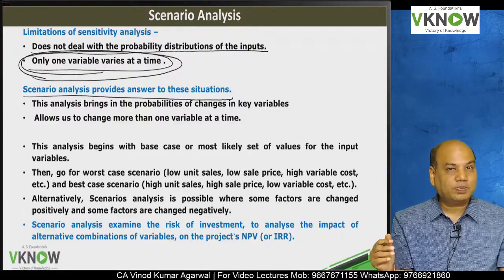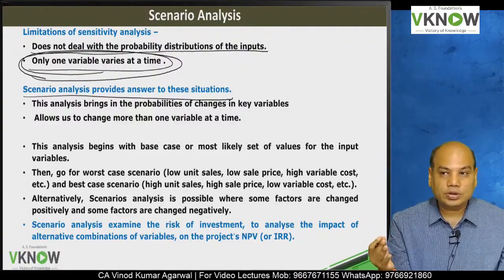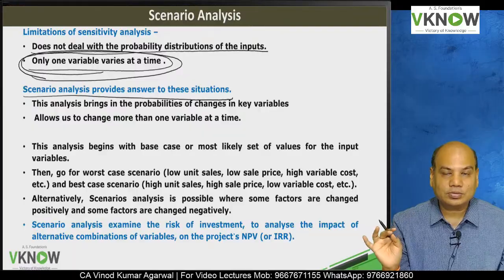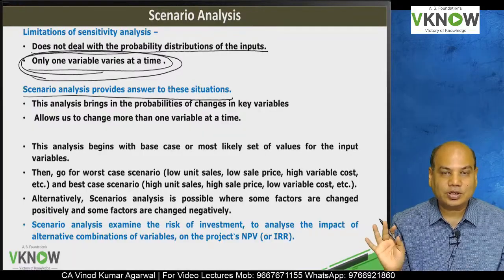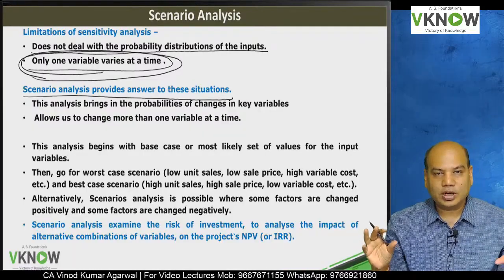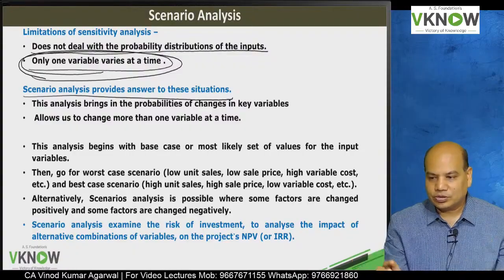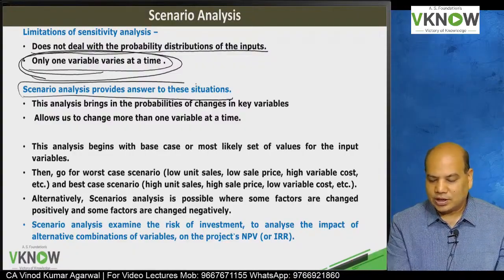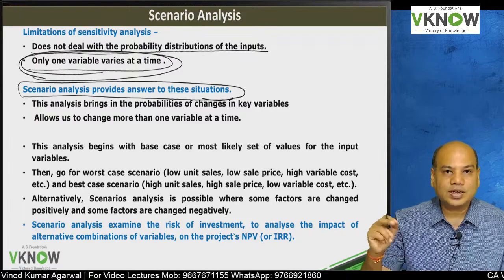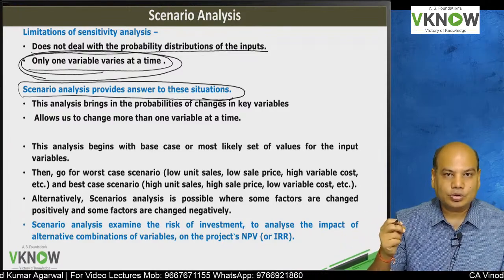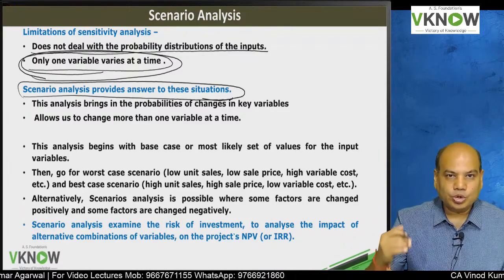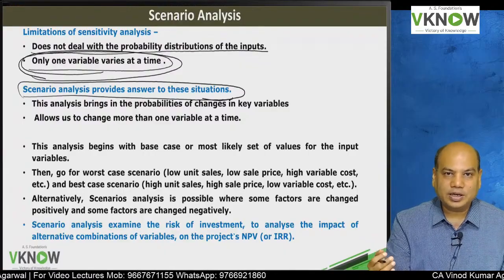Project cost can also go up, selling price can also go down, and fixed cost can also increase. So how do you handle this kind of scenario? That kind of situation is handled by what is called scenario analysis, where we are going to change more than one variable at a time.